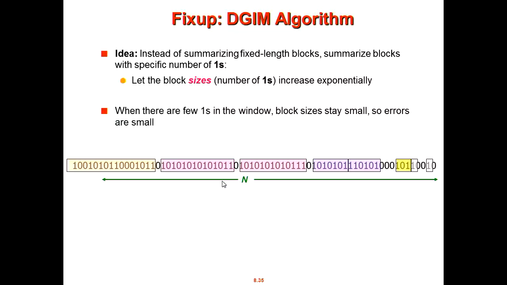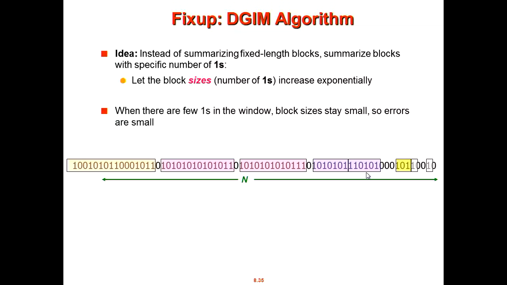As shown in this example, what we do is like this. This is 1 block with only 1 one, the next block with only 1 one, this block with 2 ones, and this block with 4 ones, another block with 4 ones. So you can see the difference from the previous solution. In the previous solution, you use exponentially increasing regions, and each region corresponds to some number of bits.